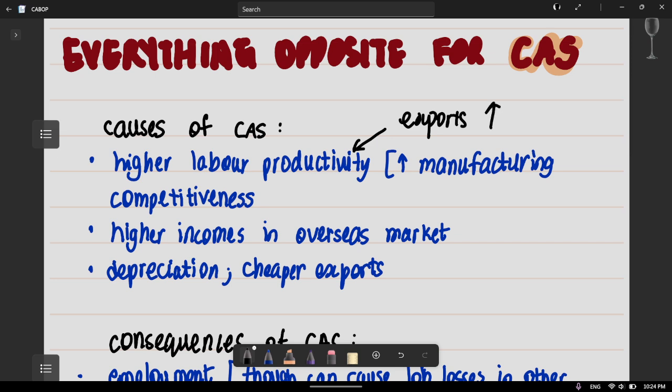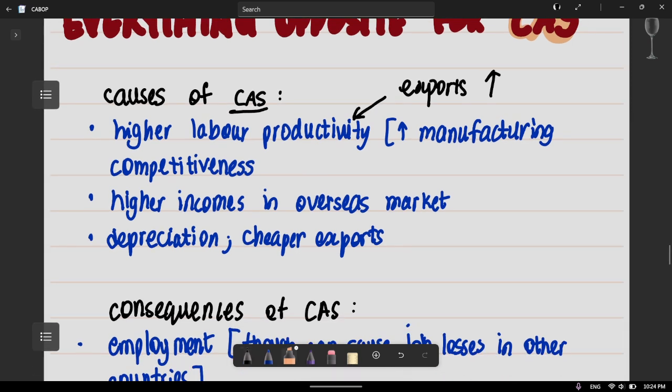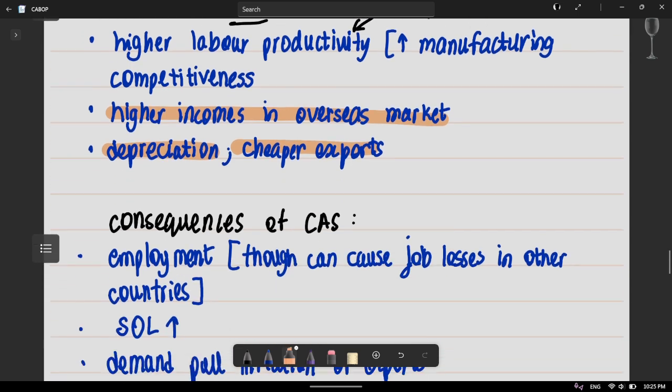So my demand for exports would increase compared to my imports, which is what would lead to the current account surplus. There could be higher incomes in the overseas market. People will be getting richer in other countries, so they would be willing to buy more of your product. So that's something you could talk about. There could be depreciation, which would cause exports to become cheaper.